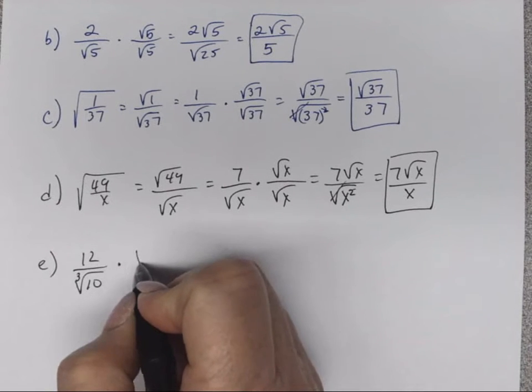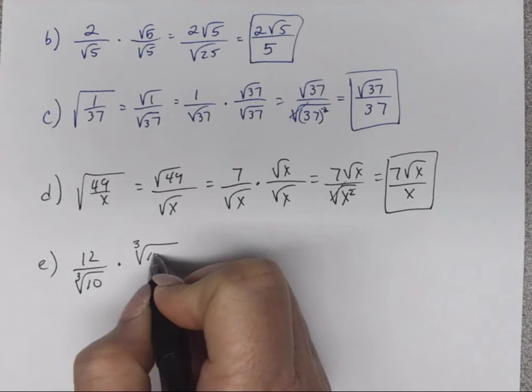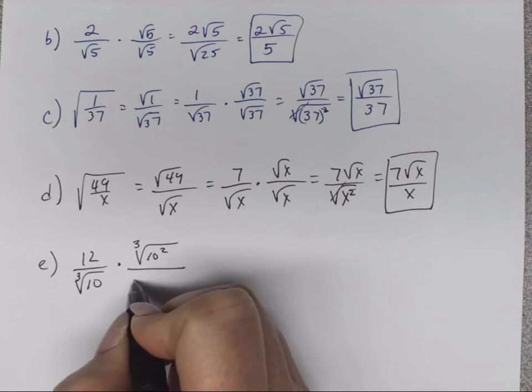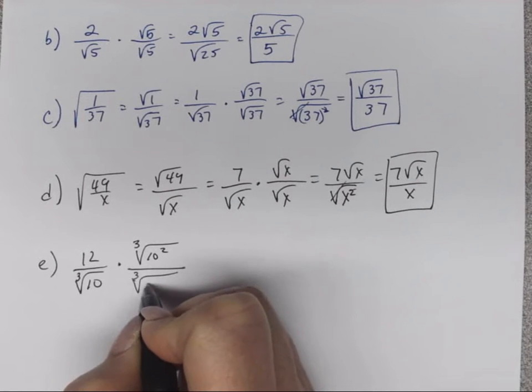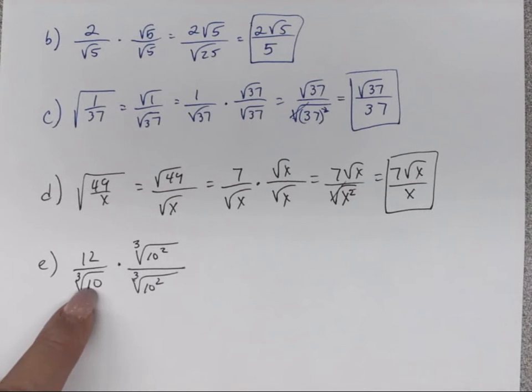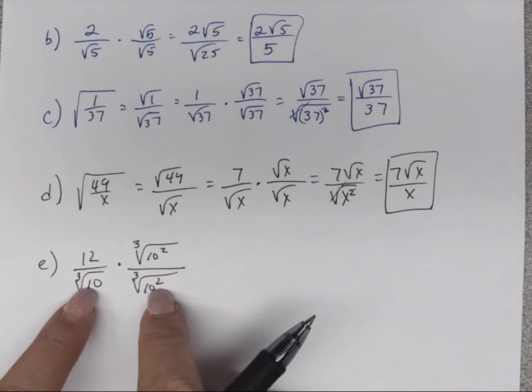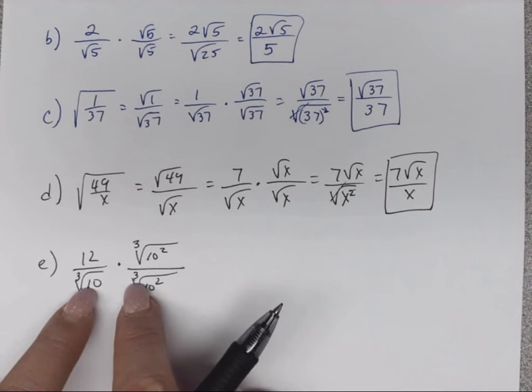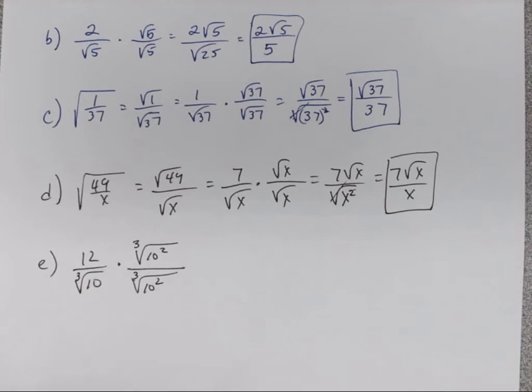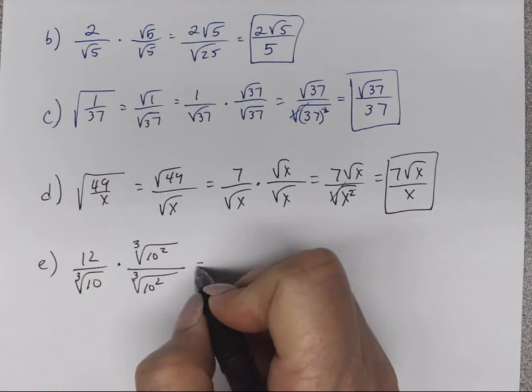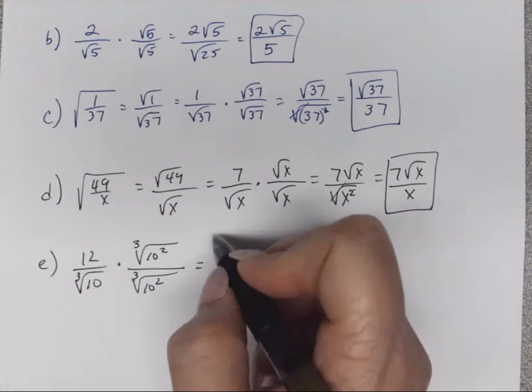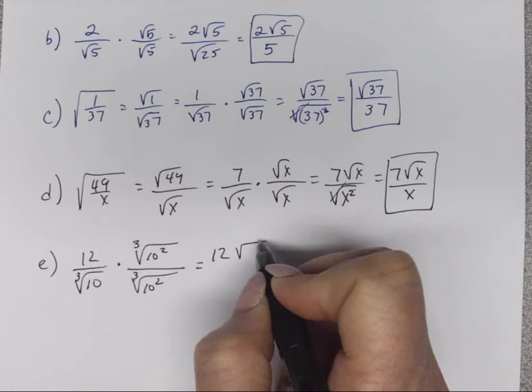So we are going to multiply by the cubed root of 10 squared. And I'm writing it in this format so that you can see we have 1 plus 2 would get us 3 of those 10s, and we need to take the cubed root of something that is a cube. So on the top, we have 12 cubed root.